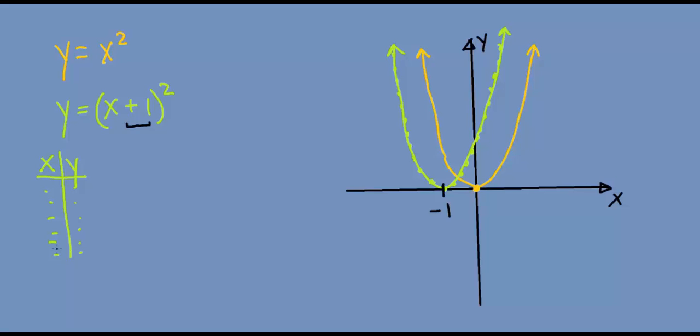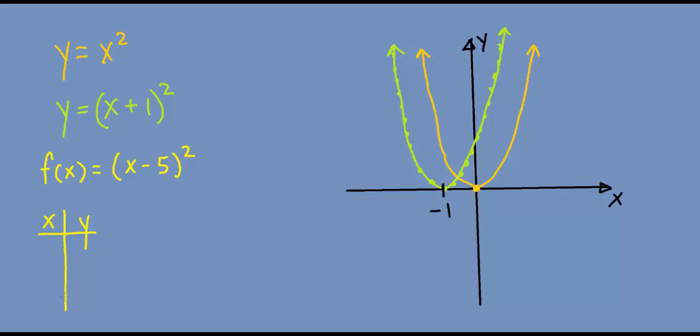So the pattern is, well, let's do another one. I'll do it with f of x notation this time. I just want you to get used to seeing it both ways and just understand that it doesn't matter really which way we feel like writing it. Let's say x minus 5 squared. And this time, I'm going to just do maybe 1 or 2 points because I feel like boring you.